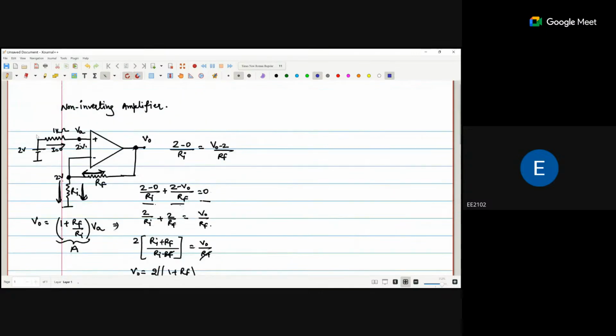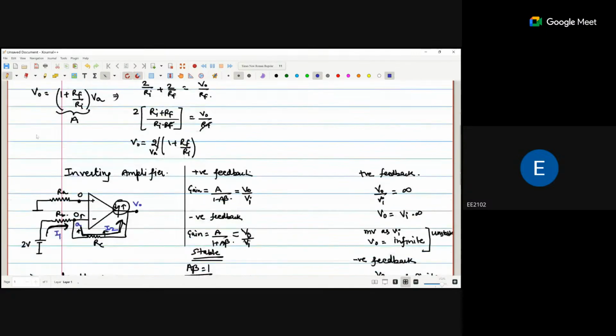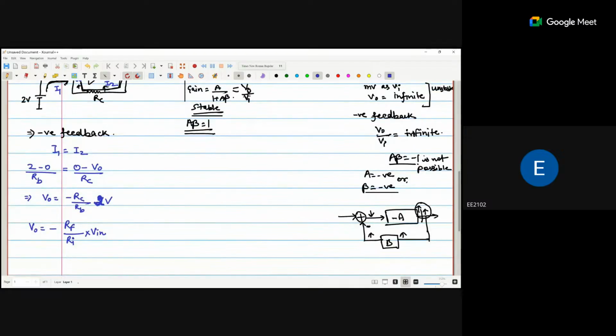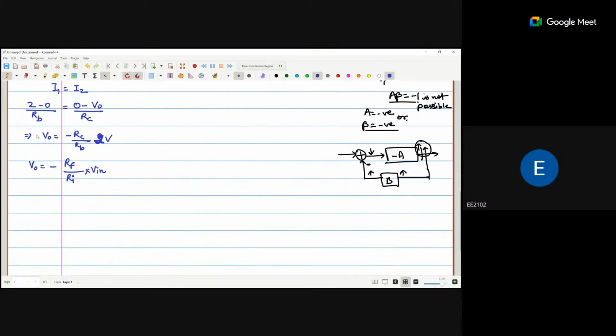In the non-inverting amplifier, we get V out equal to V in times 1 plus RF by R1. And here we get minus RF by RI into V in. So if V in is positive, V out is negative, or we can say it is a 180-degree phase shift.